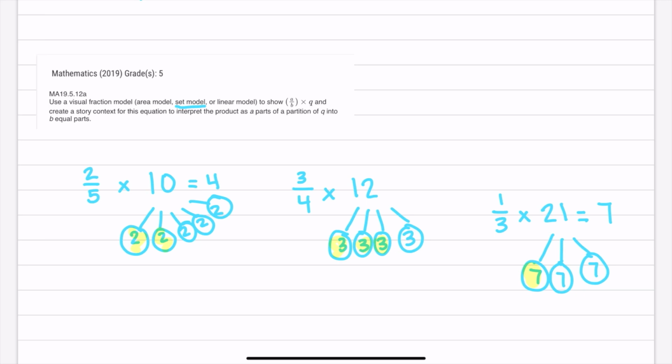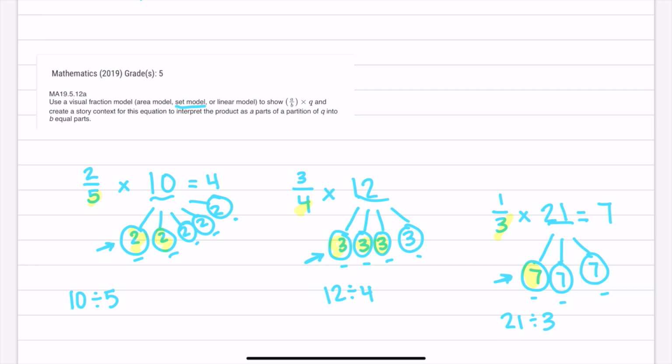So as we see here, the whole number is being divided equally into a certain number of groups. So we know that the operation of division is going to be involved here. As we can see, this is not the only operation involved here, as we have more steps to get to the final answer.